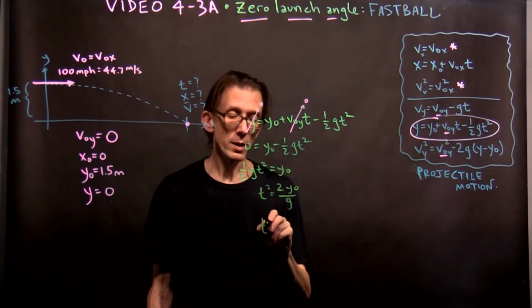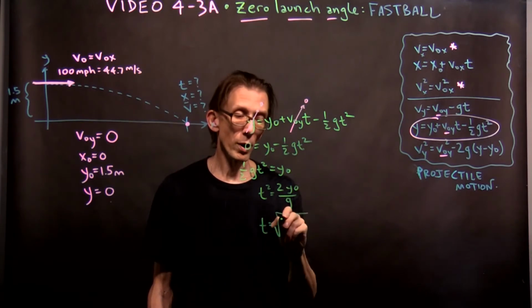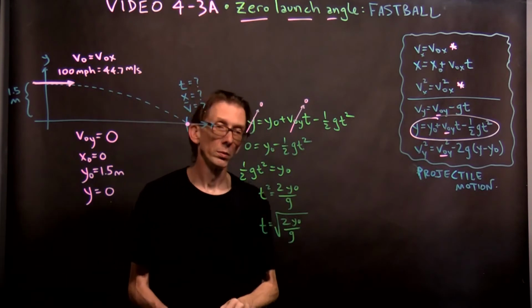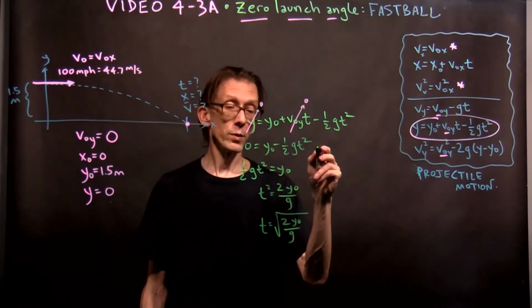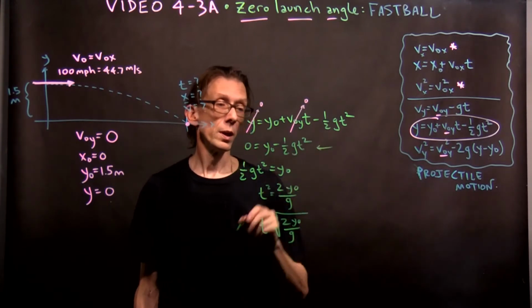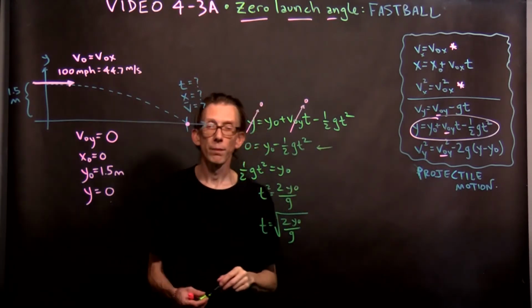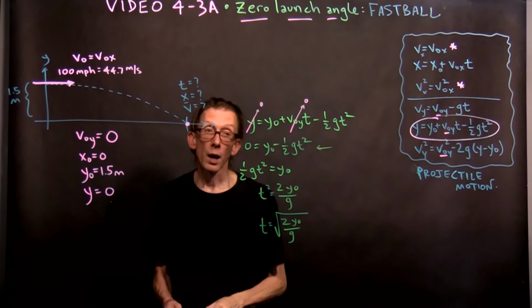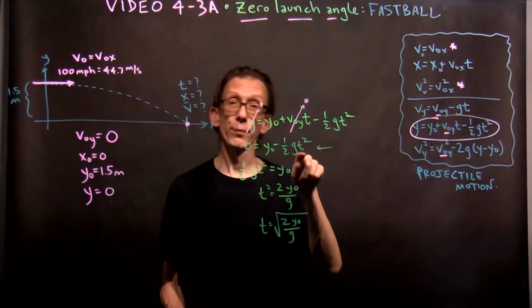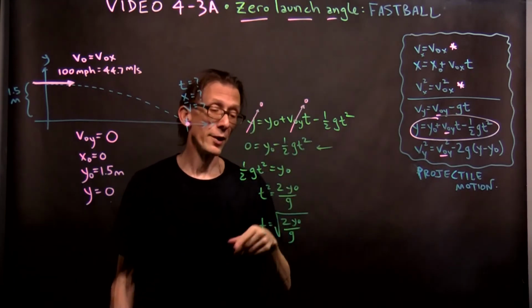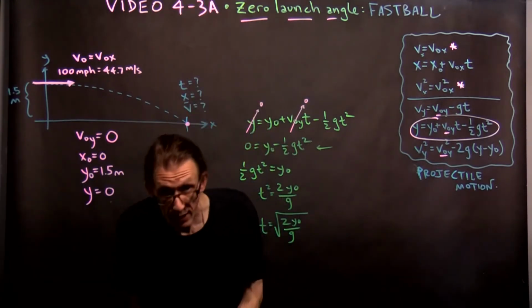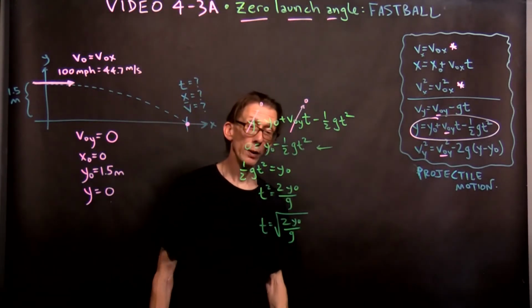So t is the square root of 2 y naught over g. Of course, many of you will choose to simply plug in your values right here and solve it for time, which is fine. Like I've said many times, when you know everything but the thing you're looking for, you can plug in your values there if you want to. I just do it this way. So I'm going to stop saying that every time and just do it.